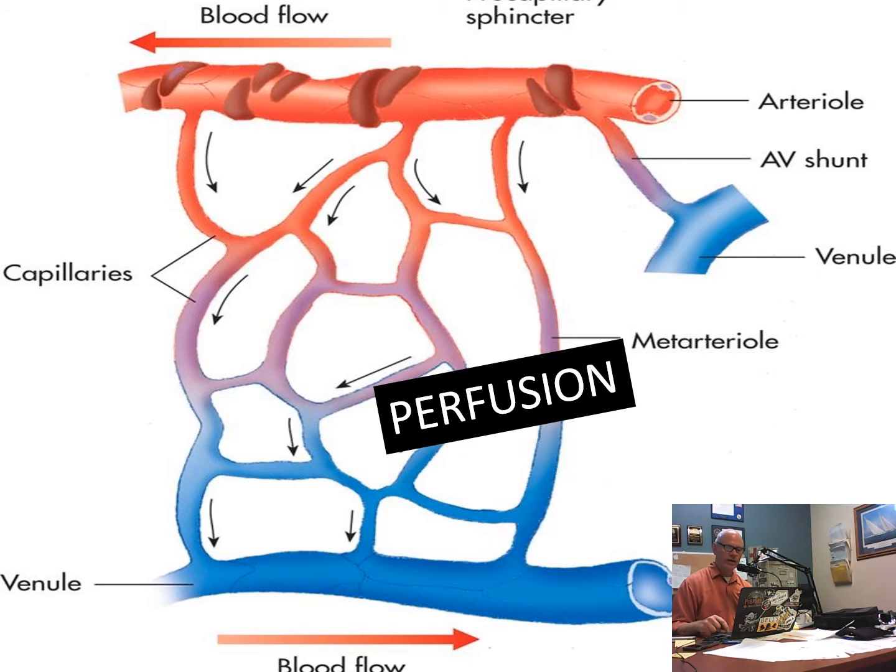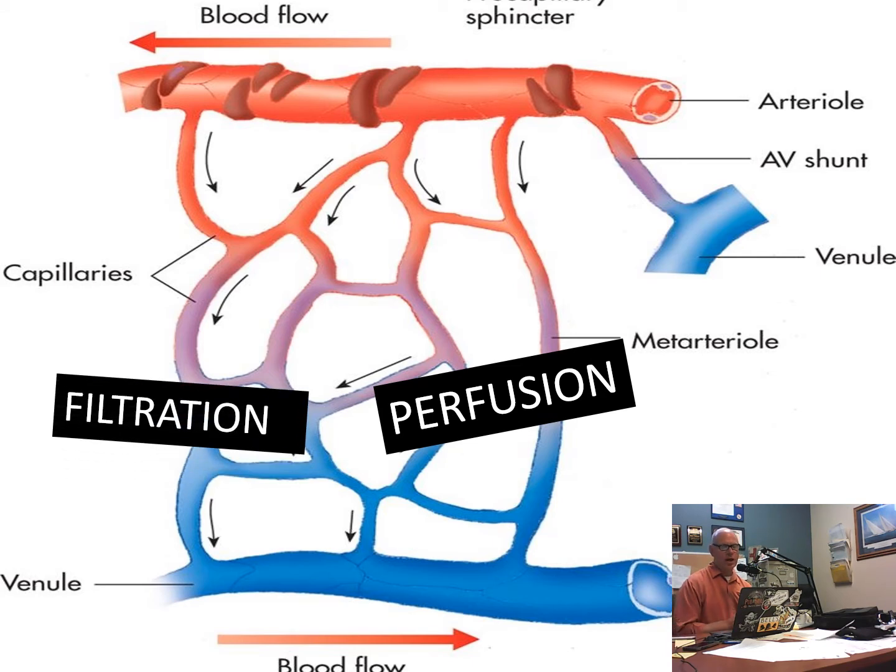And when we're talking about this, this is where we talk about filtration and perfusion. All right. Where this is happening, we don't want just blood to go through. We want blood to go through, oxygen to hopefully perfuse out of the vessel and go into tissue. We want CO2 to come out and go into the vessel. We want nutrients to leave the vessel and get into the tissue.